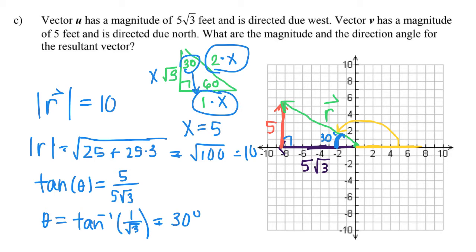Or you can remember that all the way around from here to here is 180, but we really only need to go this distance here. So 180 minus 30 is 150. So my direction angle here is going to be 150 degrees.